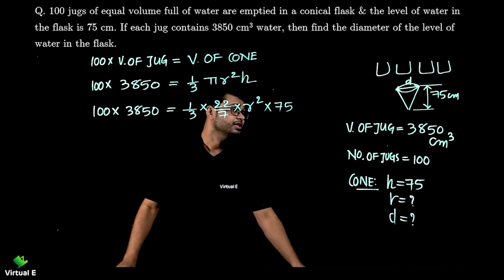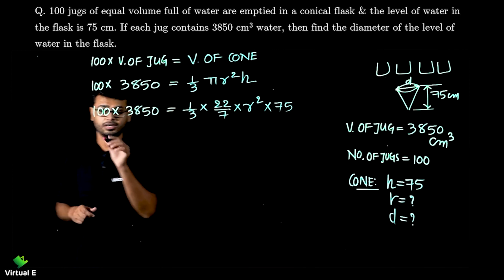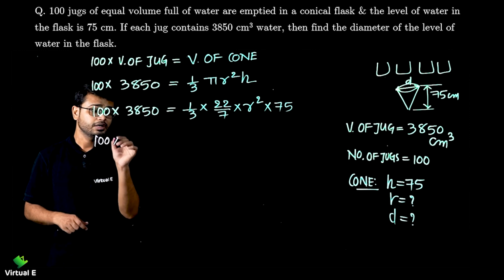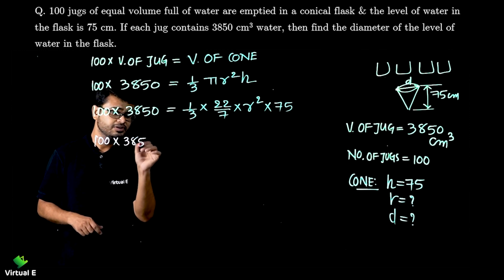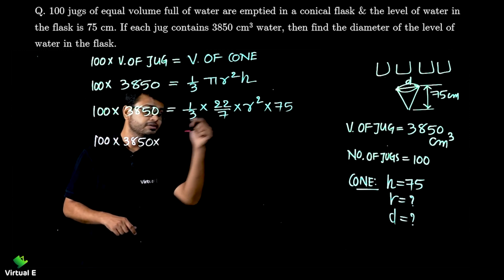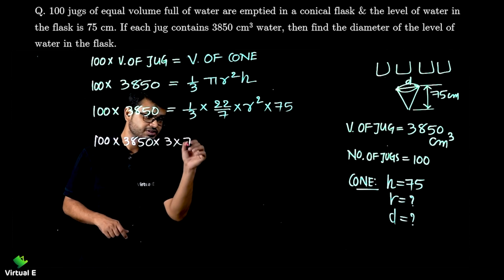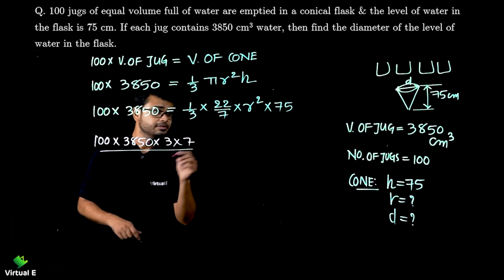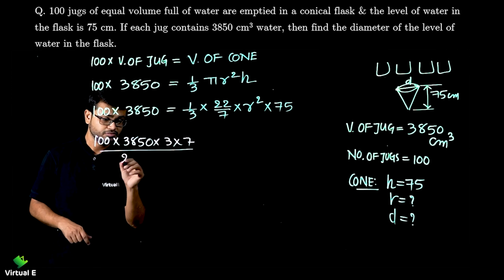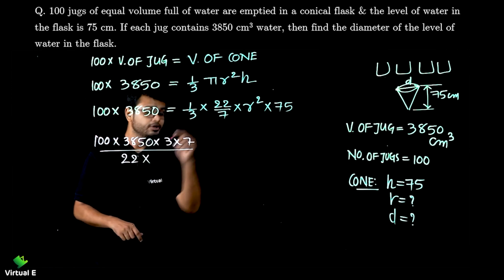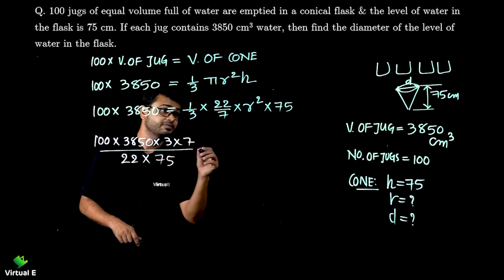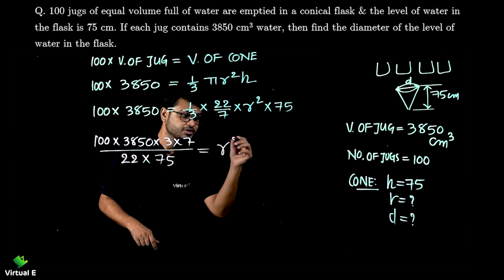So let's start with the shifting. 100 as it is into 3850. Okay, denominator 3 and 7. Then what will be here? 22 into 75 is equal to r square.